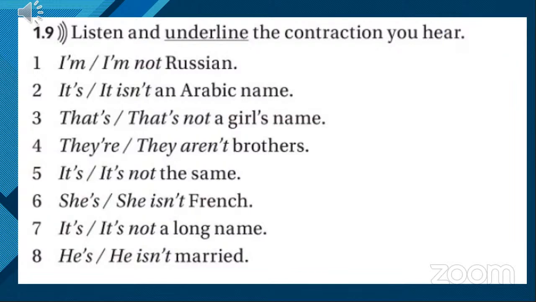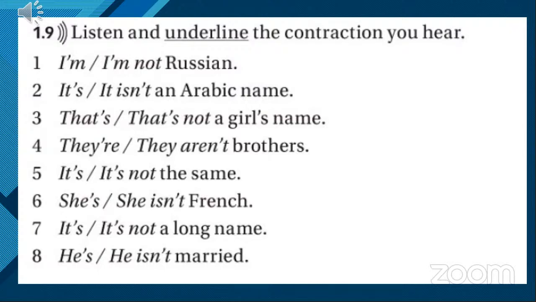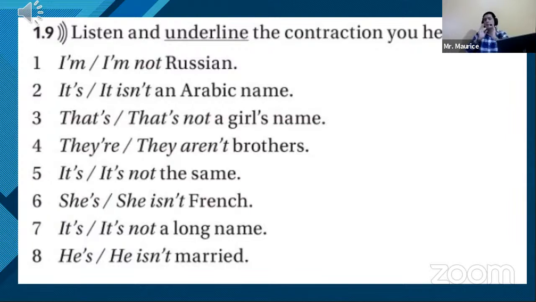Okay, please help me with the exercise number 1 and 2. Number 1, I am Russian. Okay. And I am or I am not Russian. I am Russian. Okay. Don't stress the verb to be. Remember, en positivo no ponemos fuerza de voz en el verbo to be.